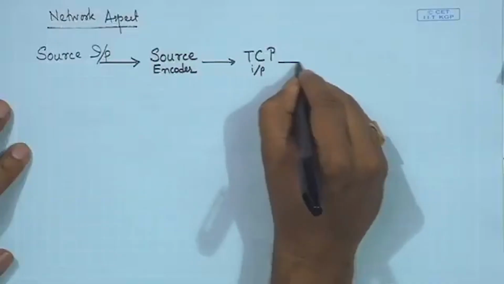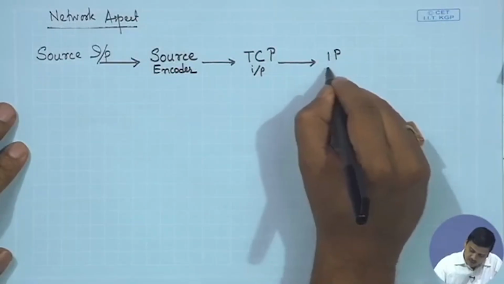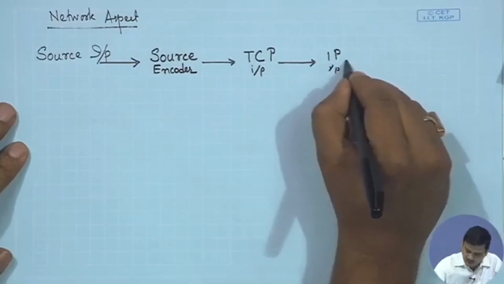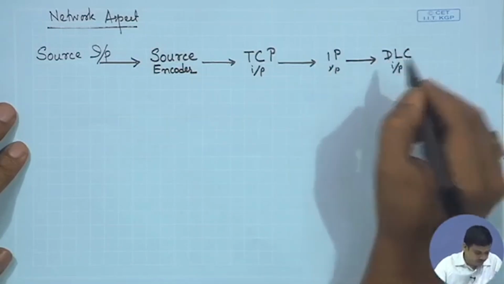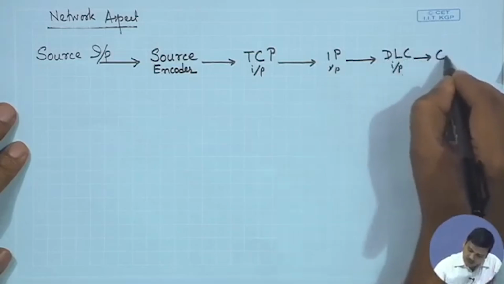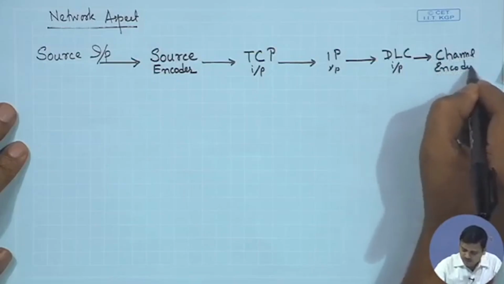There also we can put these interfaces and layering, and probably people in that particular arena more often encounter the word layering and interfaces than the digital communications, but it spans over the entire region. So from the TCP again, you have an interface to the internet protocol, which is again the input. Then again you have the data link controller input, and finally going to the channel encoder, right.